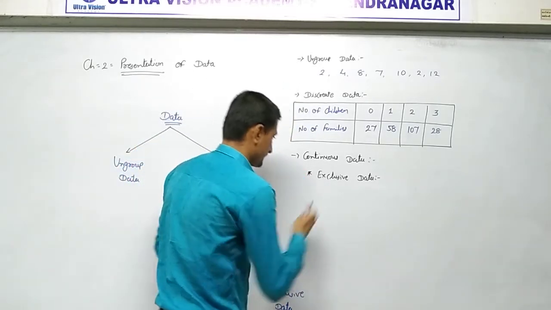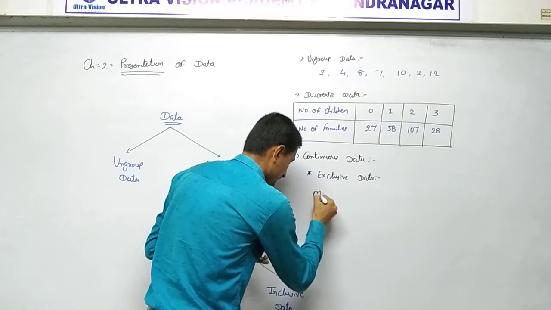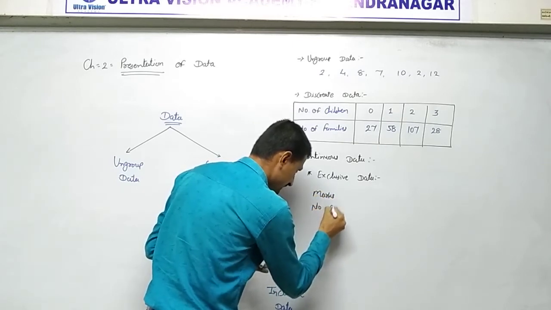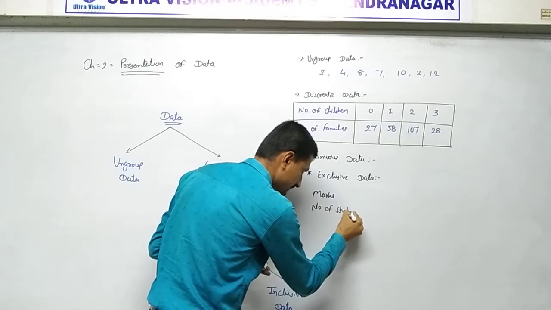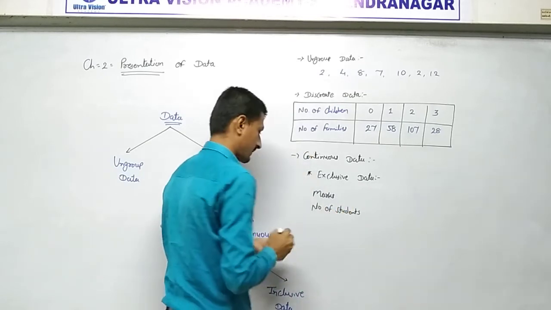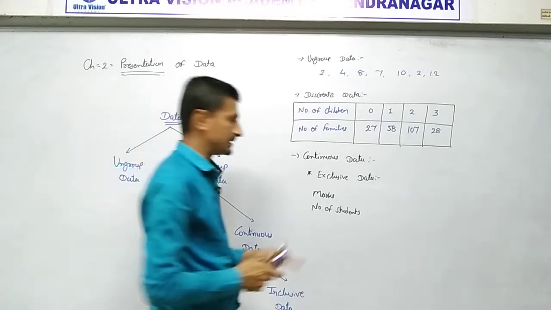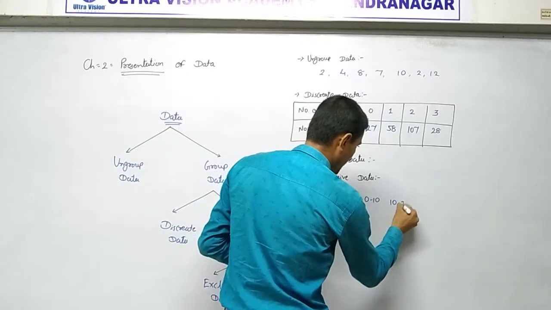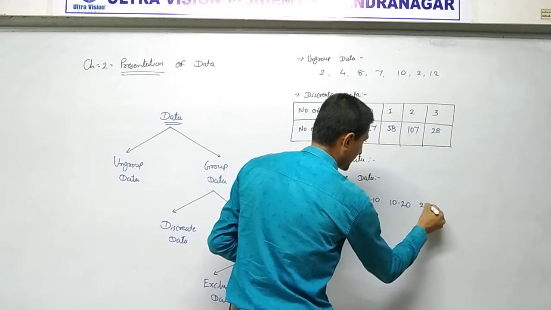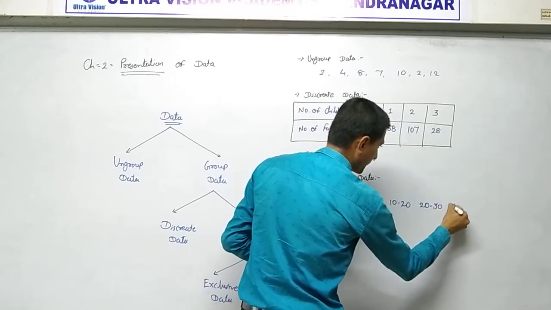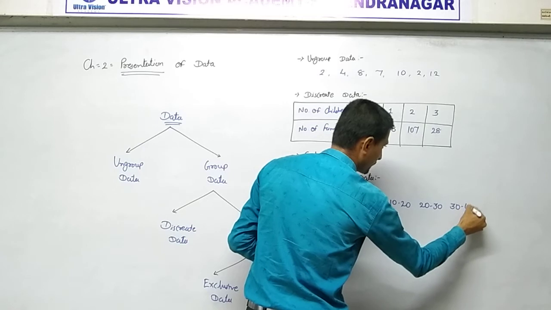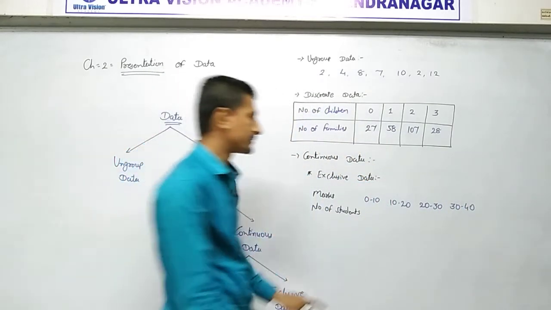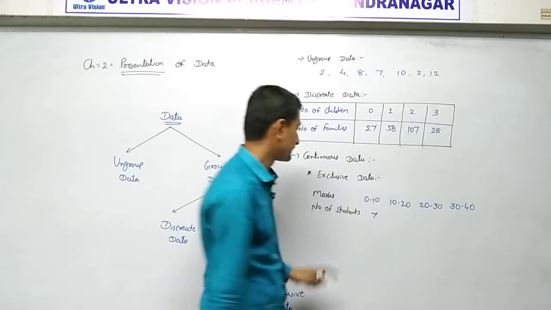We have marks and number of students. Suppose marks is 0 to 10, 10 to 20, 20 to 30, 30 to 40. Between 0 to 10 marks, number of students 7.